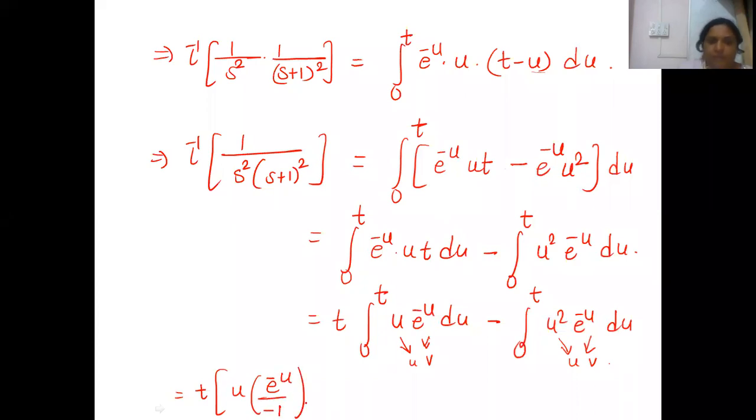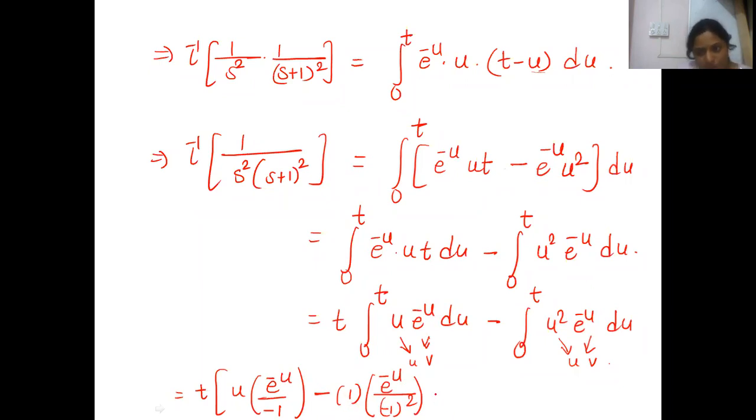Integration of e is e, and the derivative of minus u is minus 1, so it gets divided. Minus sign, u v1 minus u dash 1 v2. Next, integration e raised to minus u upon minus 1 into minus 1 square plus 1, and the next derivative is 0. So it is over 0 to t.